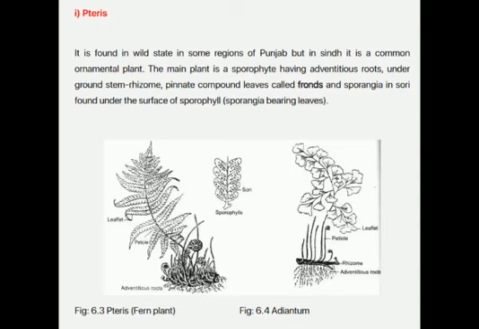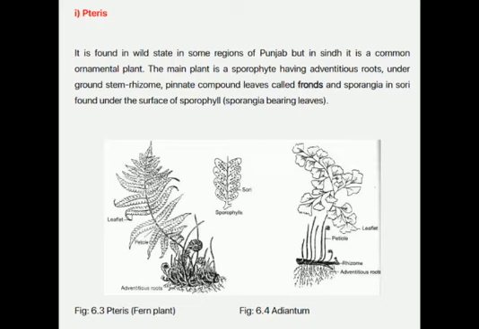These 2 examples are very, very important for you, because you get them as a question, write a note, in the board exams. So please, I am starting to explain the first example, Pteris.